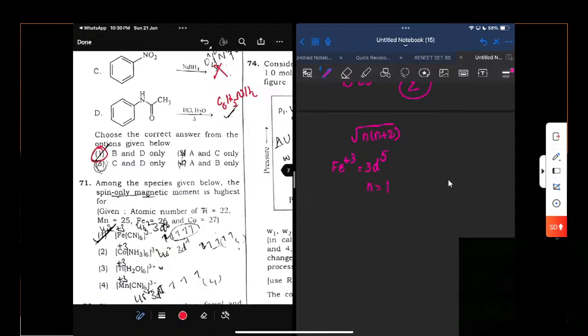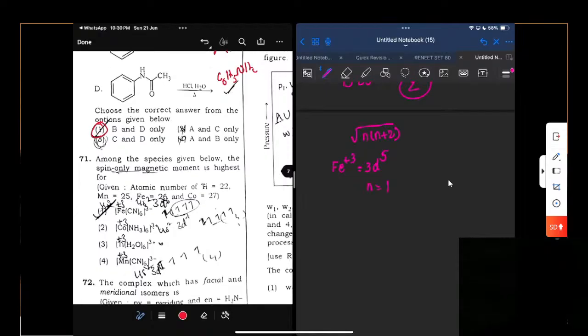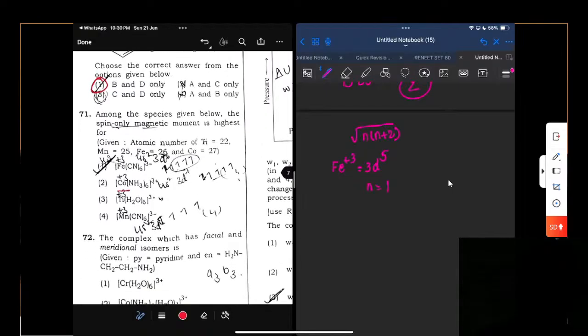If you come to the second one, [Co(NH3)6]3+, here cobalt is in the +3 oxidation state, that is a 3d6 configuration. NH3 is again low spin, and the number of unpaired electrons will become 0 in d6, as pairing of electrons takes place.